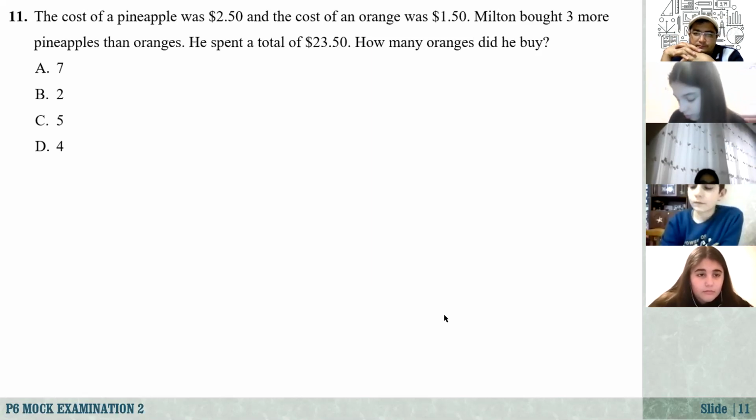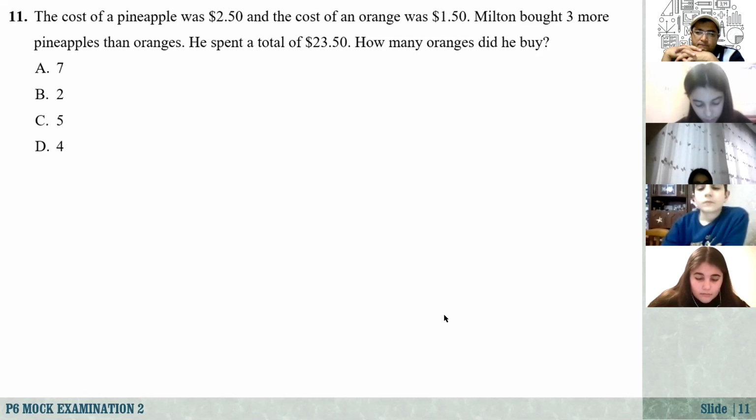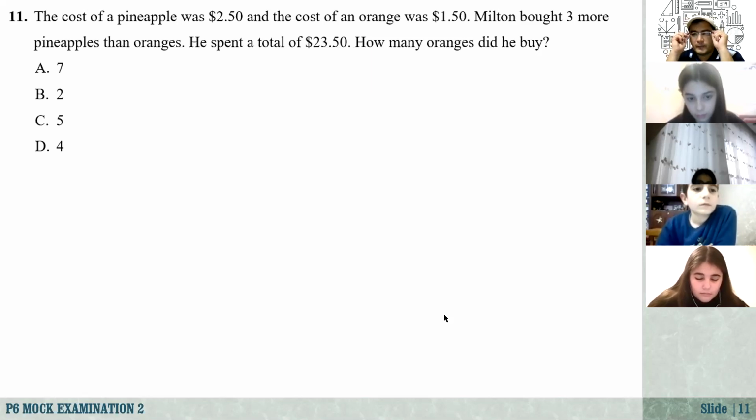If we multiply 4 by 1.5, we get 6. Then if we multiply 4 by 2.5, we get 10. So if we add them, we get 16.